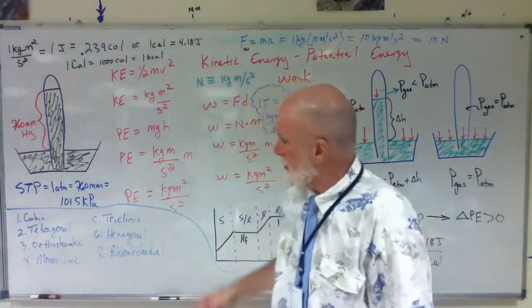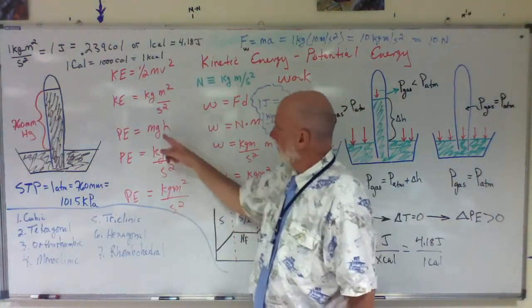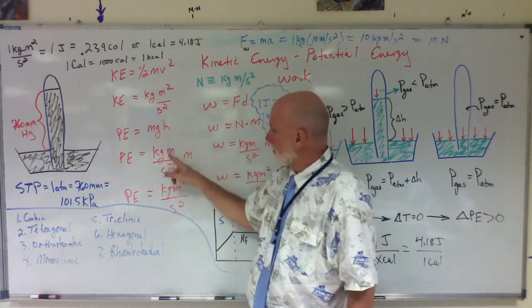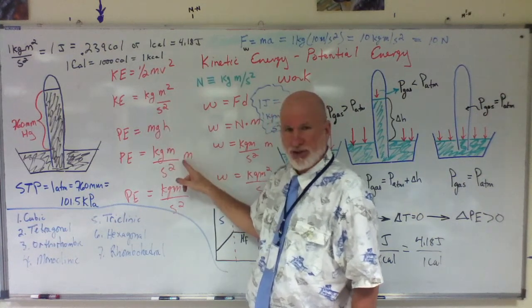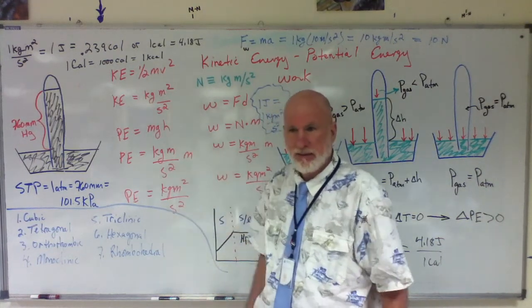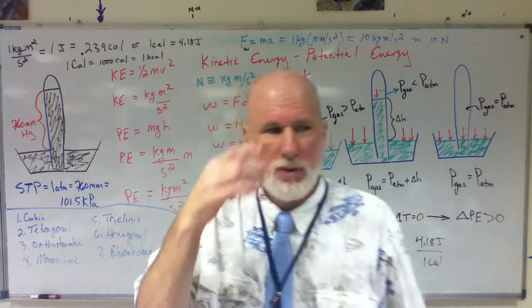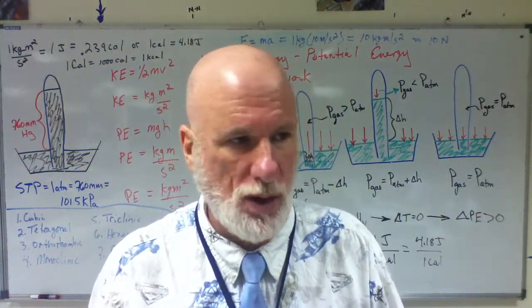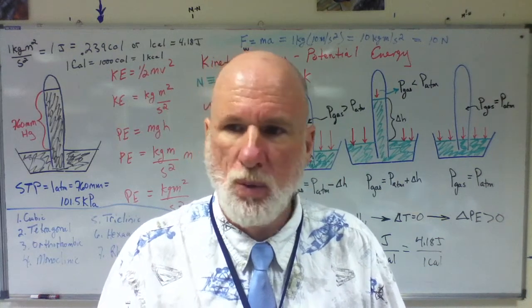Now, mgh is potential energy. Well, look at this. mgh, that's kilograms, meters per second squared, meters. So that's kilogram meters squared per second squared. Yes? What is the symbol for work energy?